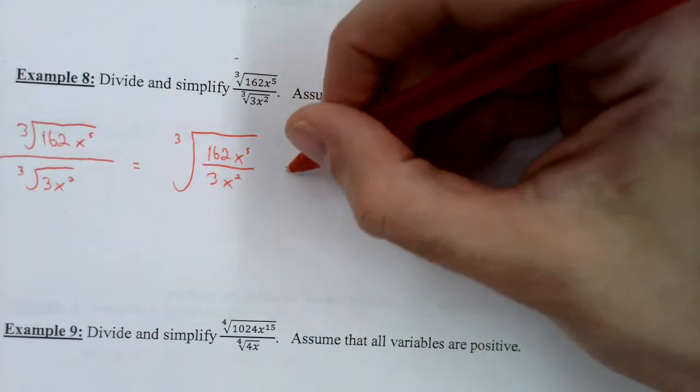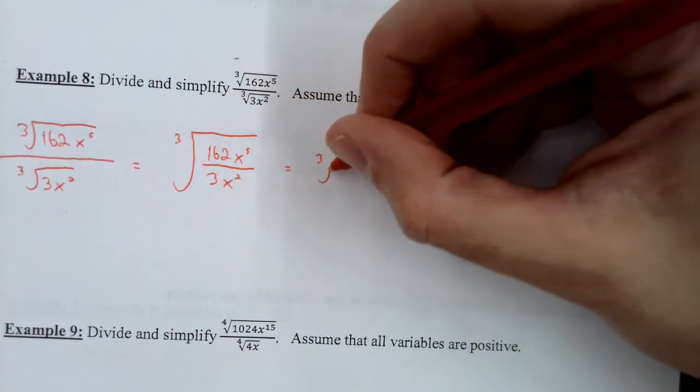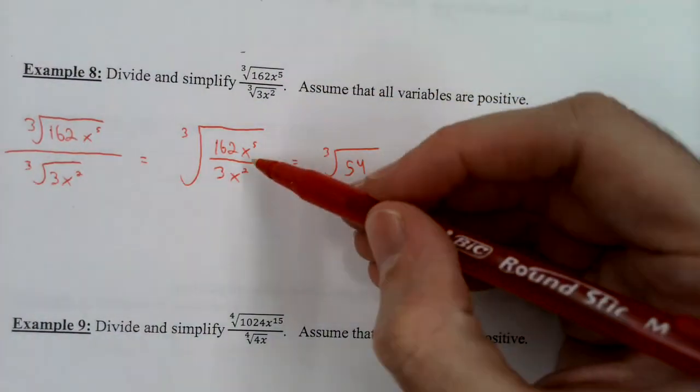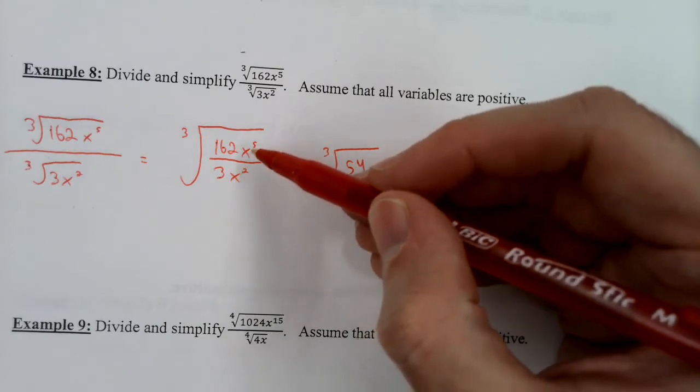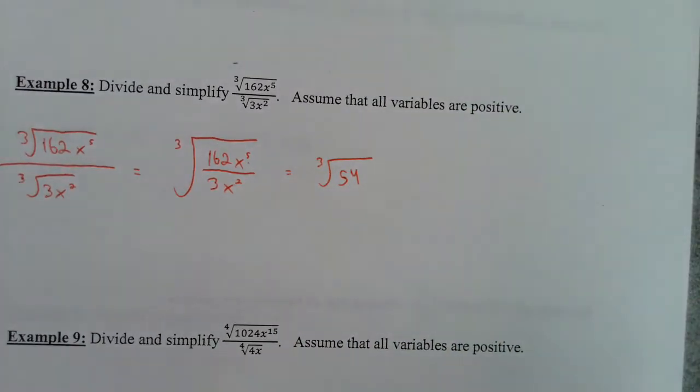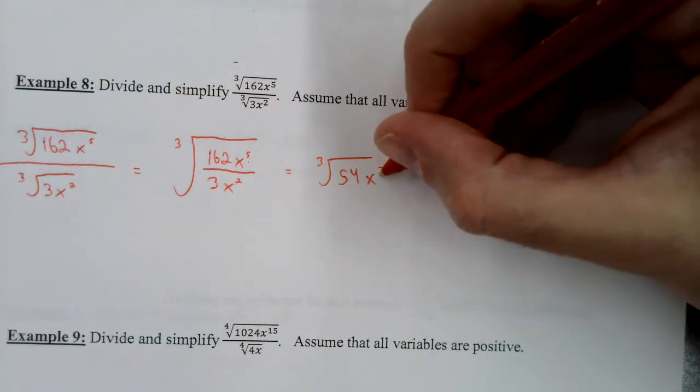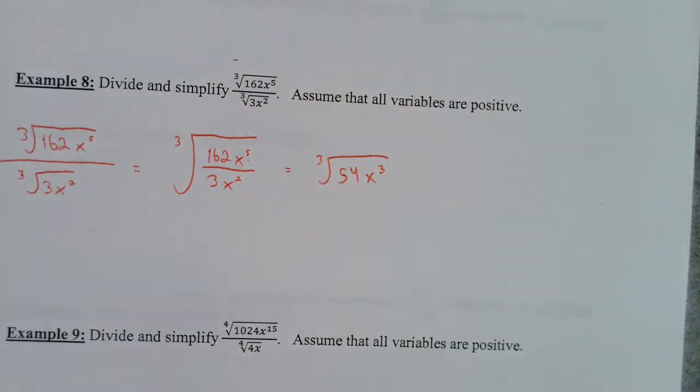162 divided by 3 equals 54. I'm not sure if you remember this from Algebra 1, but when you divide with the same base, you subtract the exponents. So x to the 5th divided by x squared is x cubed because you subtract the exponents. Okay? Let me explain why.